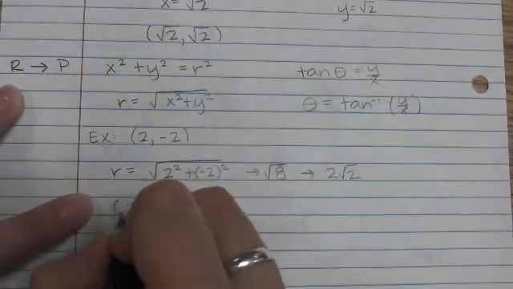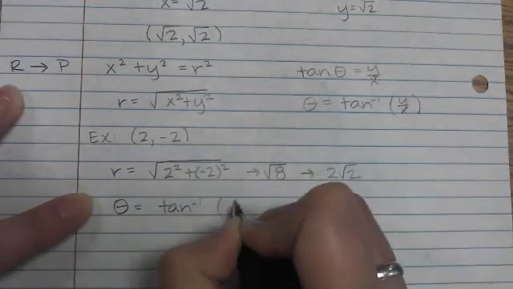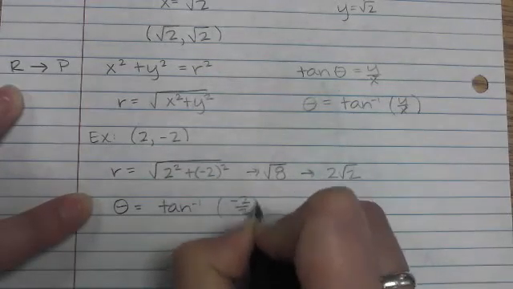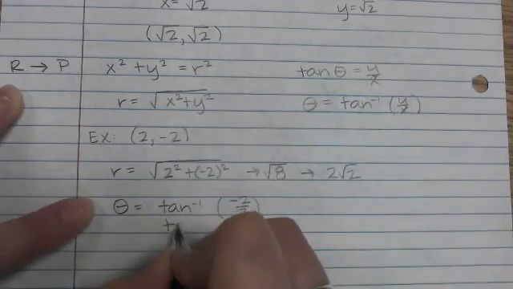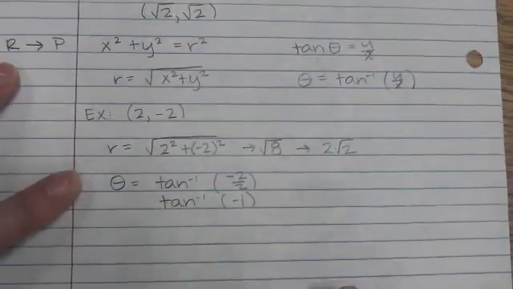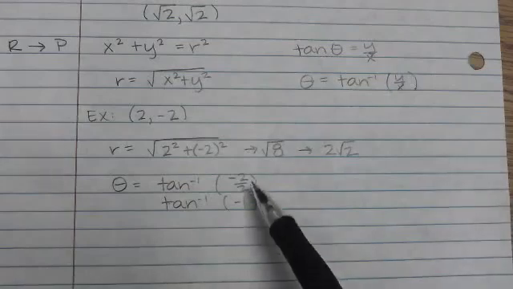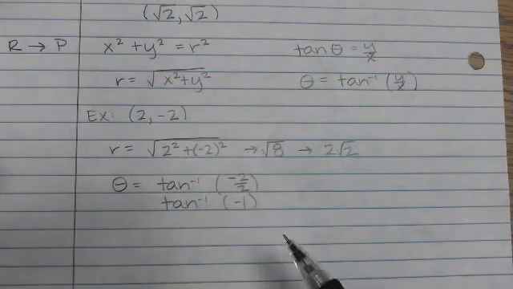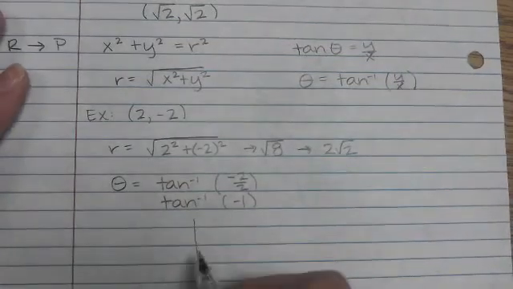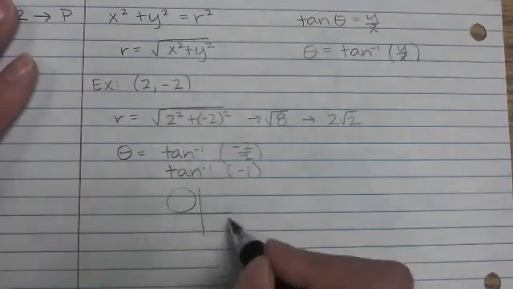For theta, I'm going to do tan inverse of -2 over 2. So right now I'm doing tan inverse of -1. And that is on the unit circle. And if you recall, that would be the x and the y divided together. They're the same thing. And -1, tan would be negative in quadrant 2 and 4.